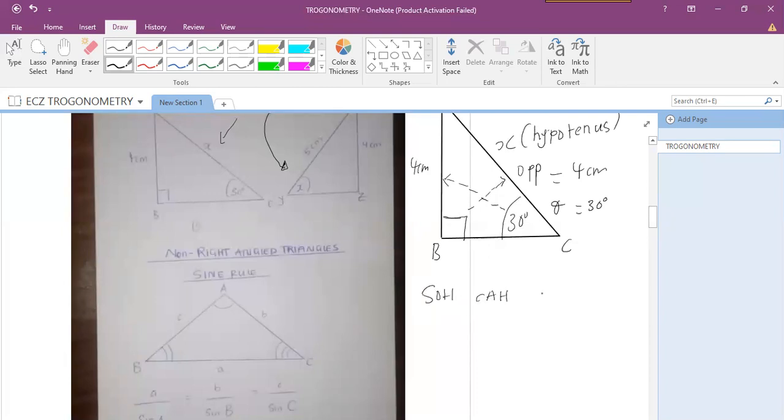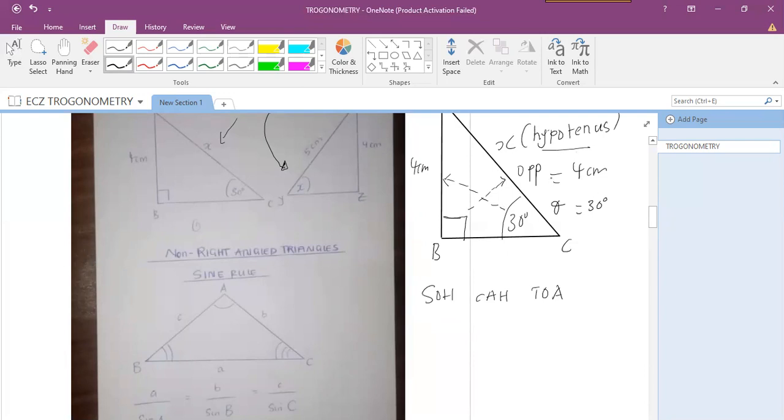Then you ask yourself, which trigonometric ratio has this information that we've been given in the question? Which trigonometric ratio has the hypotenuse, which is the side that we want to find, the opposite and theta?